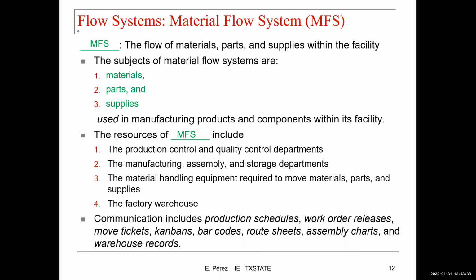So we needed to plan for the beginning of the process, how many we need to begin with. And that is involved with the production control and the quality control departments. Quality control is going to look at, okay, this part is good, let's pass. You can pass to the next step. Quality control can say, okay, this is not good, so let's rework or let's discard this part.